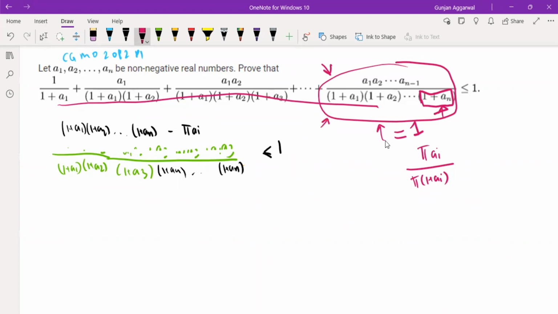So the maximum value of this is when an is 0. Ah, yeah. Okay, right. So we can take the equality case for that, I think.